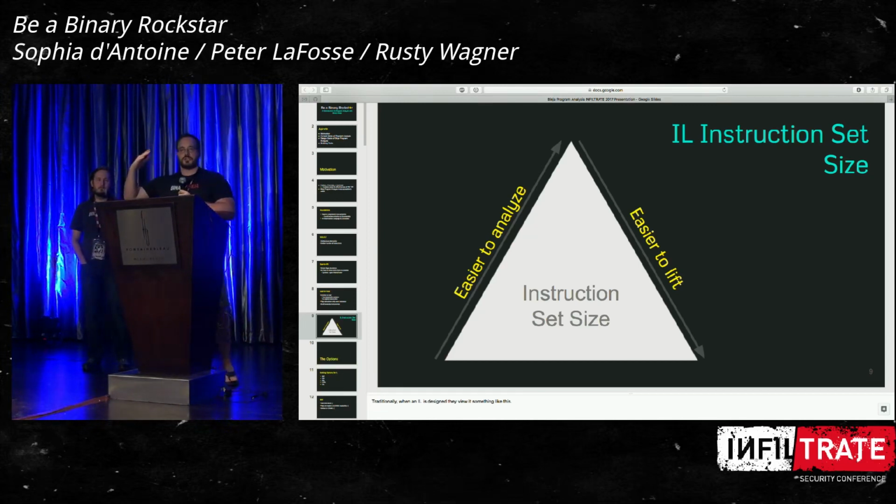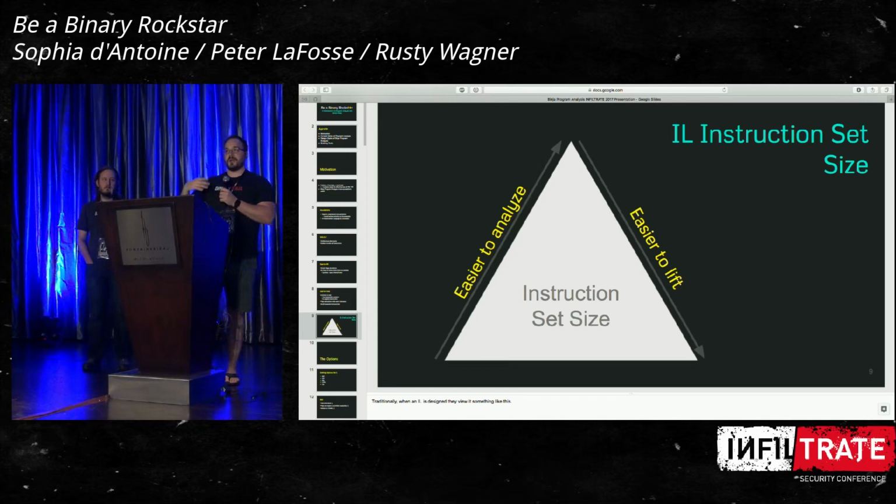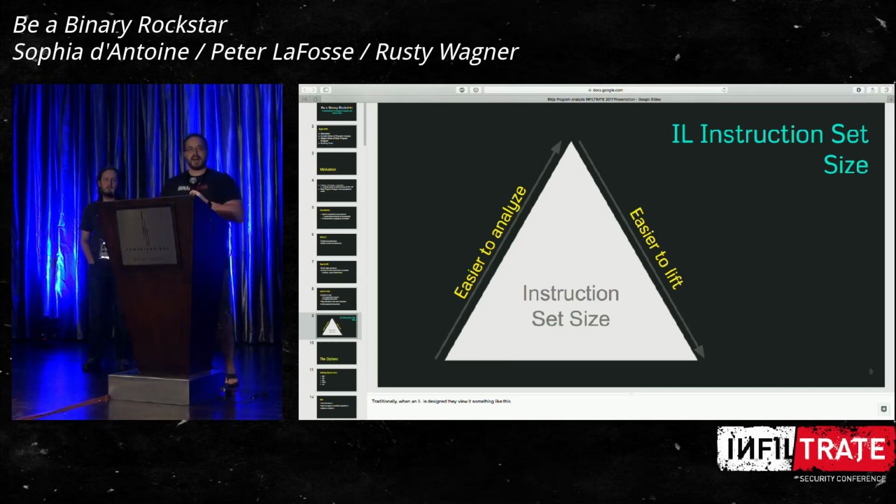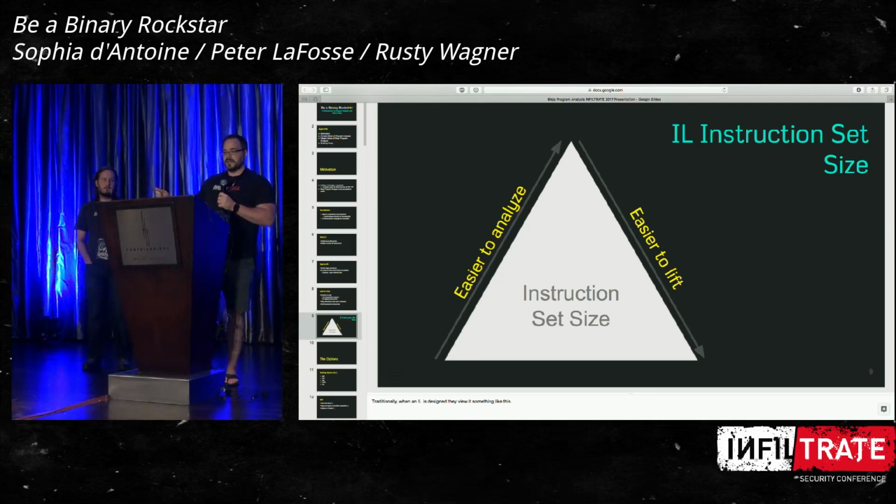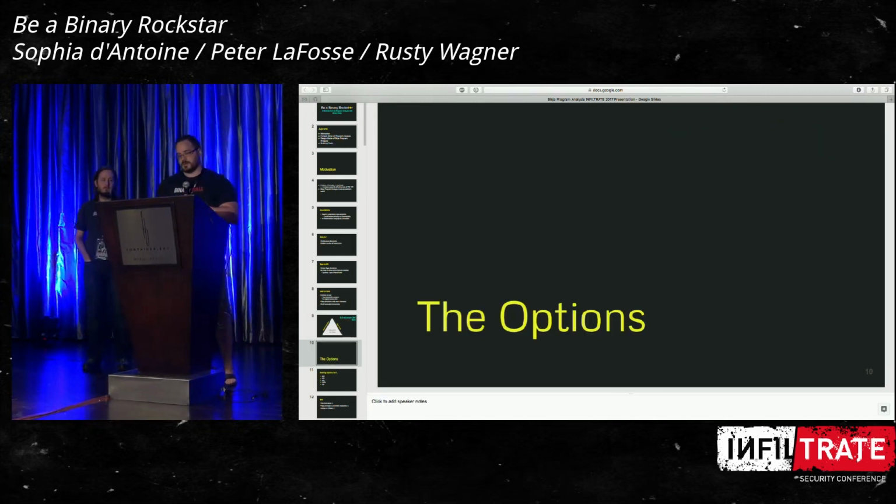Every time you choose to add another instruction, you have to realize that's going to cause more analysis, but every time you decide not to add an instruction, you've got to realize that it's going to make it more difficult to translate from assembly language to that intermediate language.